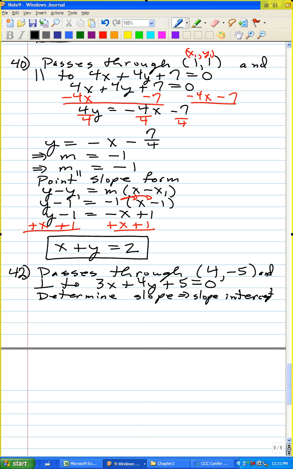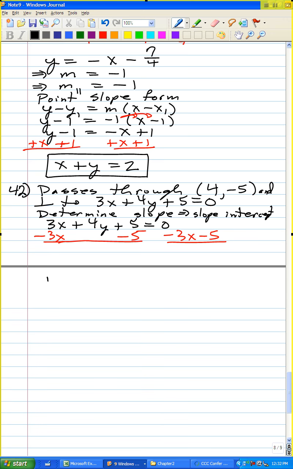Okay, and so let me solve this equation for y. Let me subtract 3x and 5 from both sides of my equation. So I have here that 4y is equal to negative 3x minus 5.